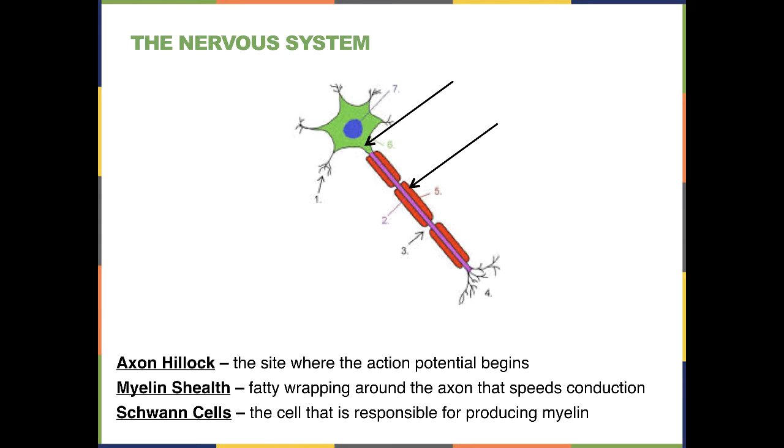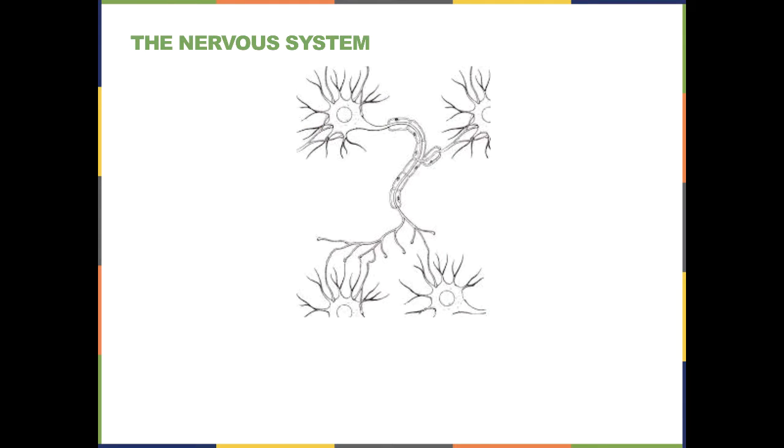The Schwann cell is the cell that produces the myelin sheath, and I'll have no arrow for that since it would be the same as the myelin sheath arrow. Now here's another diagram, and this shows more than one neuron body, and there's also a branching point in the middle.